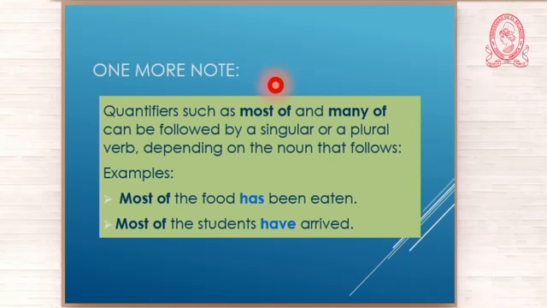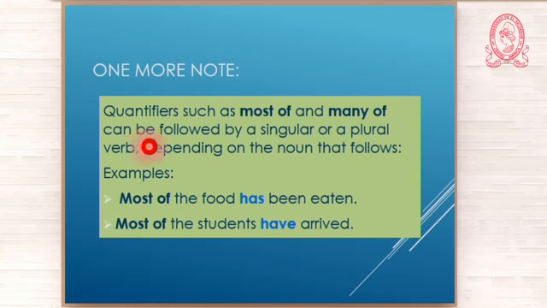Quantifiers such as most of and many of can be followed by a singular or a plural verb depending on the noun that follows. How is that understood? Let us look at this. In this sentence, you have most of. In the other sentence, you have most of, the same quantifier.